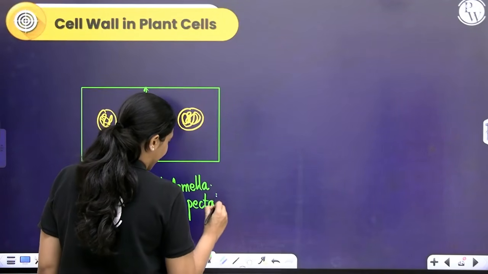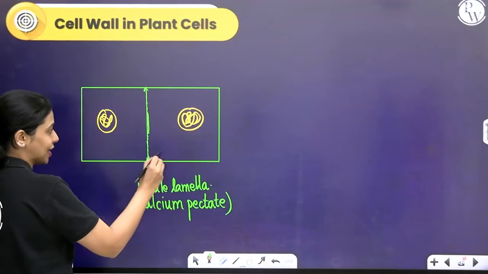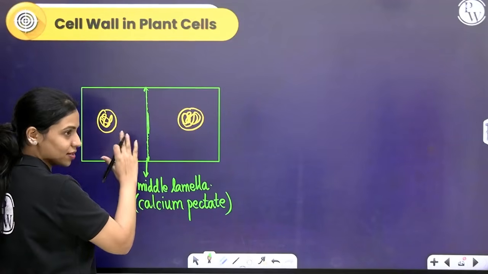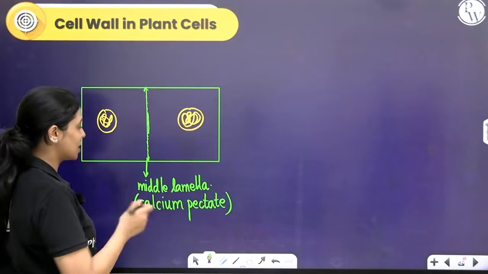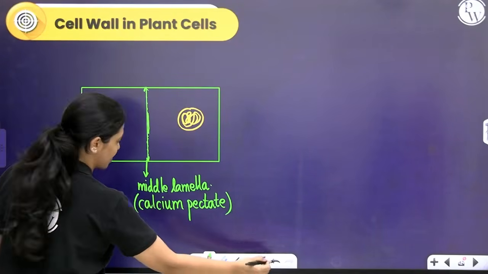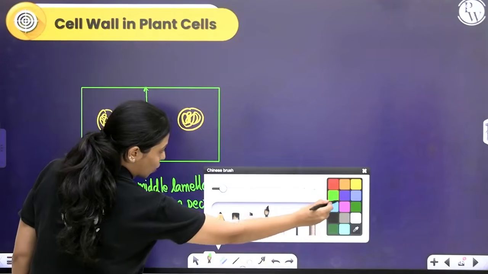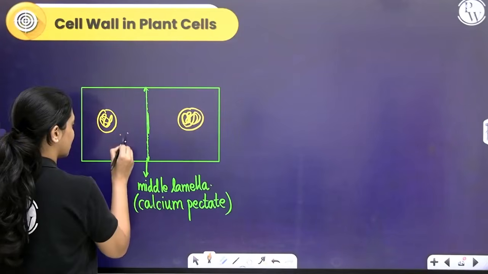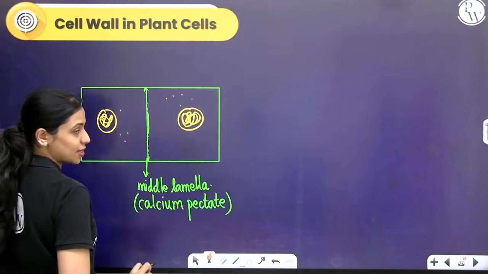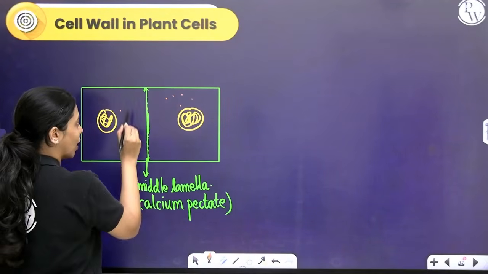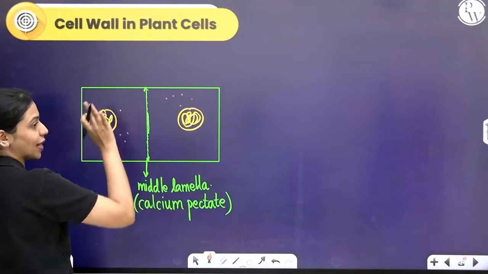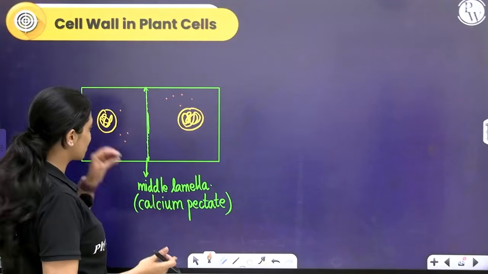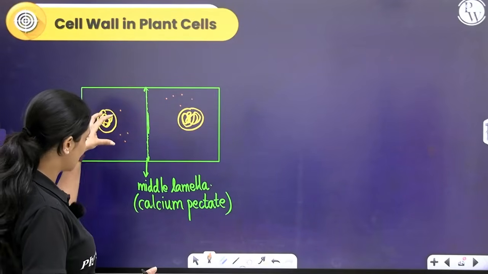Okay, right now, if this cell has to synthesize additional wall layers, if more wall layers have to be added, then that substance has to be synthesized at the cytoplasm itself. So, it will be synthesized in the cytoplasm itself. So, outside the middle lamella, nothing can form. Towards the cytoplasm only more layers can form because whatever substance is required for cell wall formation is synthesized right here.